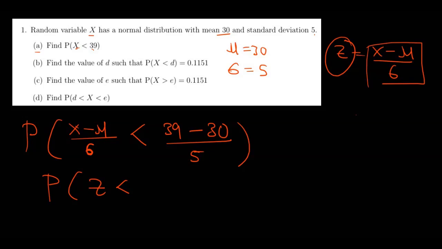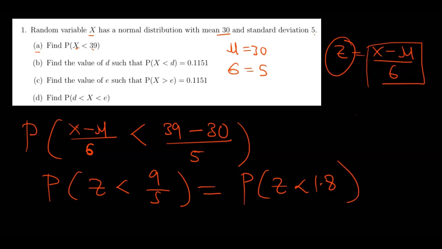All right, so here we're going to have 39 minus 30 divided by 5. So that is 9 over 5. So we are going to have the probability that z is less than 9 divided by 5, which is 1.8. So here we are simply finding the probability that this z is less than 1.8.